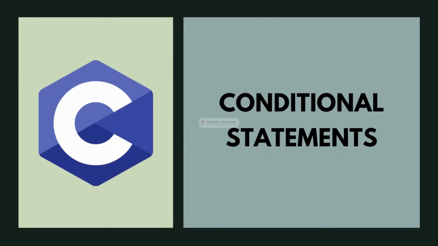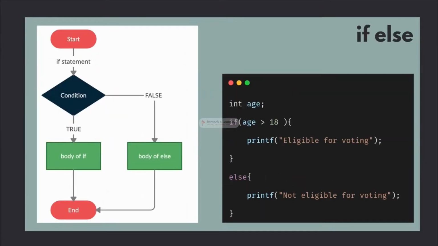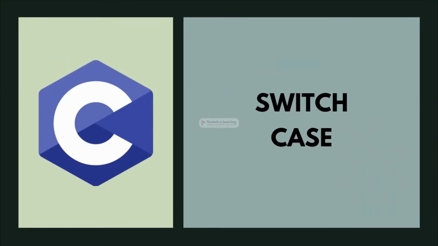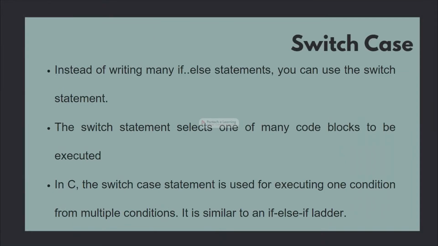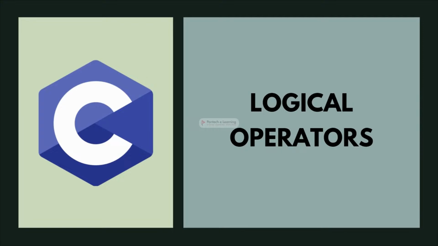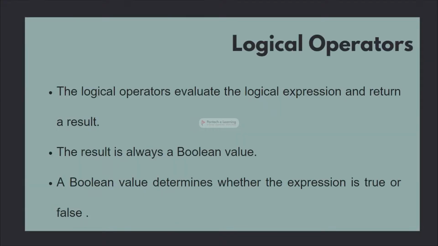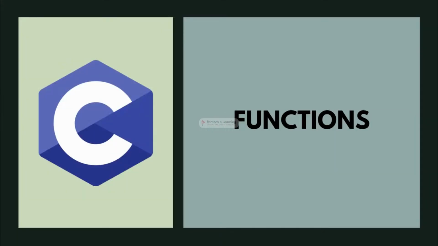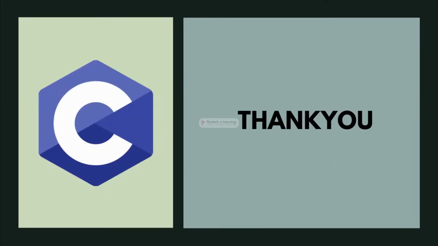We have seen conditional statements: if, else if, and else. We have seen switch case, and its assignment for you, a calculator program using if and switch case. We have seen logical operators, the OR operator, AND operator and NOT operator, and how they are working. Functions and all we'll see in the next session.